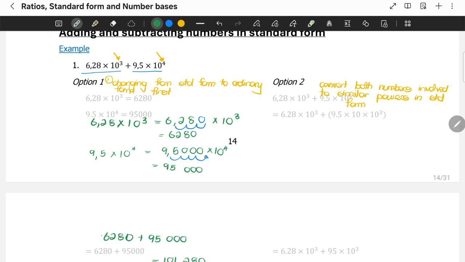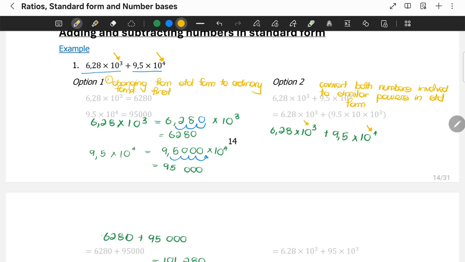So in this case, we had 6.28 times 10 to the power 3 plus 9.5 times 10 to the power 4, right? So we have 3 and 4. In this case, it's easier to convert the highest power, which is 4, to 3.